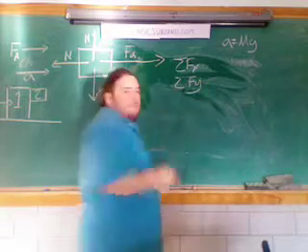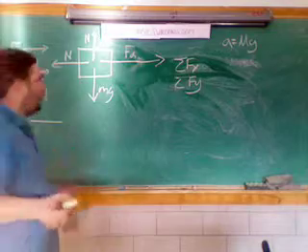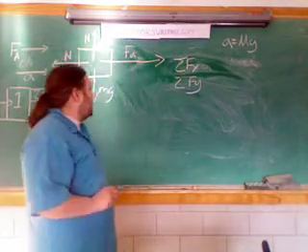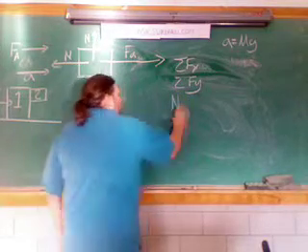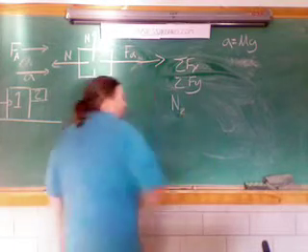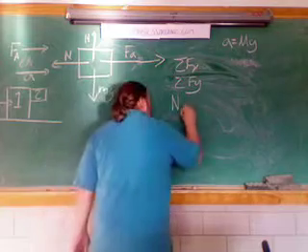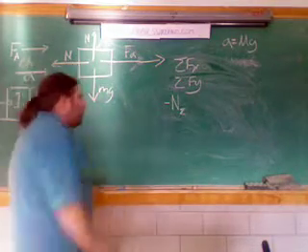Well, my forces in the x, I have a normal, and I'm going to be specifying that it was the normal from block 2 on block 1. So I draw a little 2 here. And that's negative. Plus, the force applied is equal to the mass of block 1 times the acceleration of block 1.